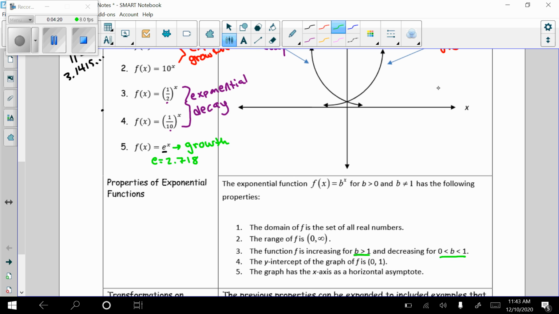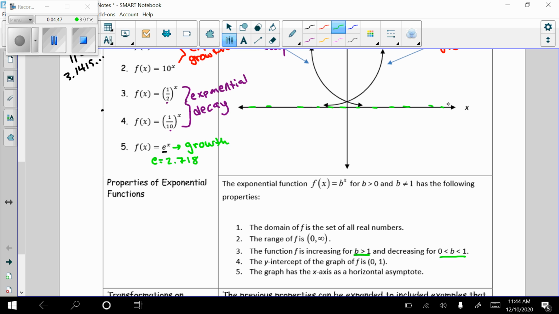We talked about decay and growth. So increasing is growth, decreasing is decay. The y-intercept of the graph is (0, 1), because if x is 0, then b to the 0 power is 1. And so that's always true. And then the graph has the x-axis as its horizontal asymptote, so it's not going to cross through this.